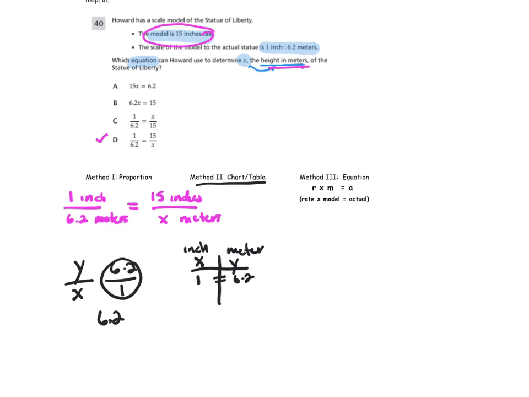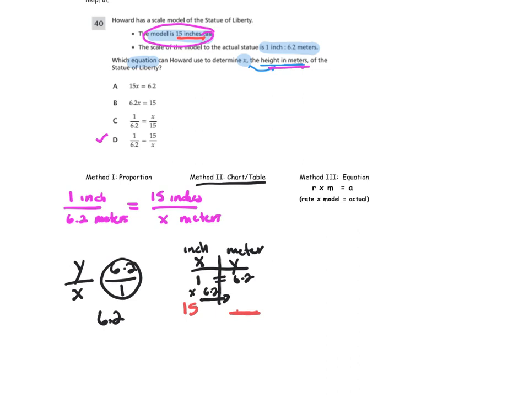Now I'm going to take the other information they've given me. They mentioned that the model is 15 inches. So I'm going to put 15 inches, and we want to know what the actual measurement is of the Statue of Liberty in meters. So we're going to use that scale factor, and as we go across the table from x to y, we're going to multiply by that scale factor.